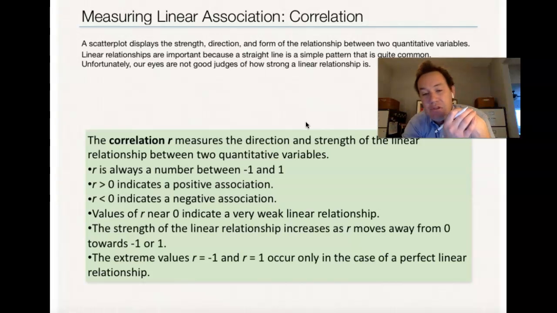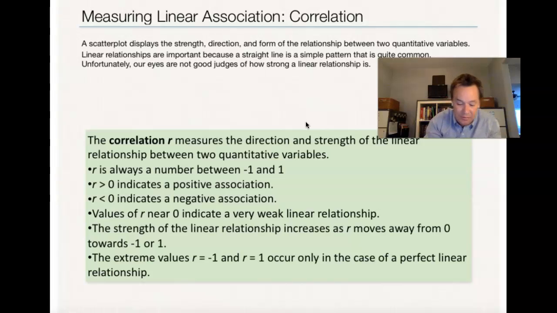The extreme values of R equals negative and positive 1 only happen in the case of a perfect linear relationship. So like that would be a situation where R is negative 1. That's a situation where R equals positive 1.